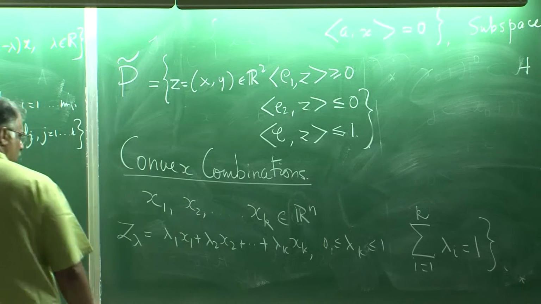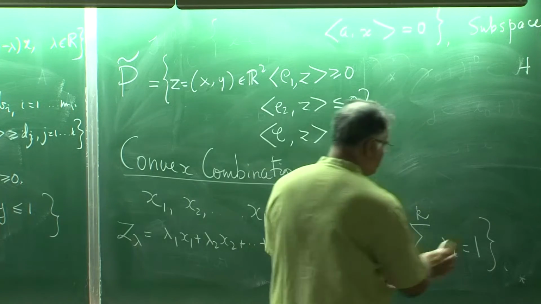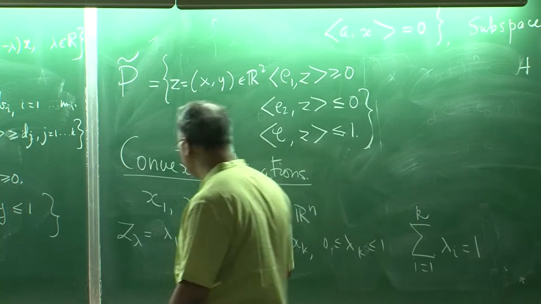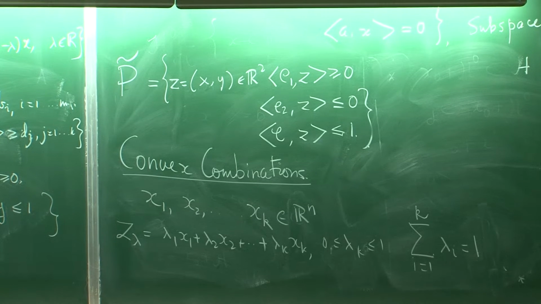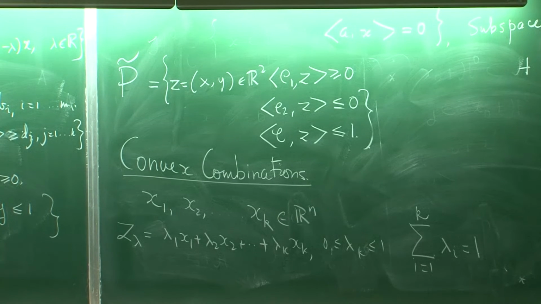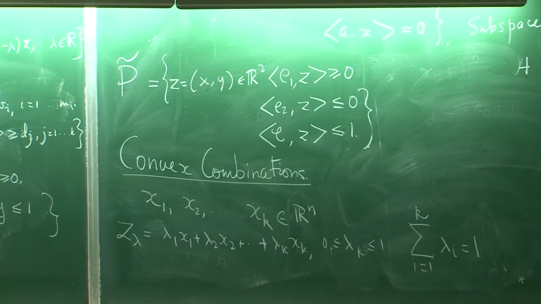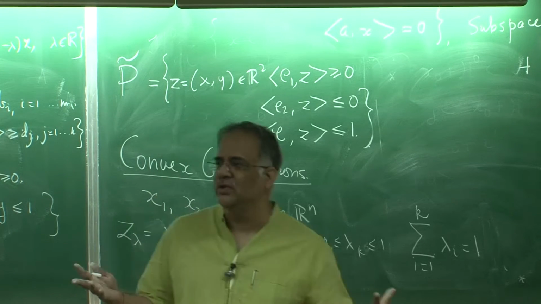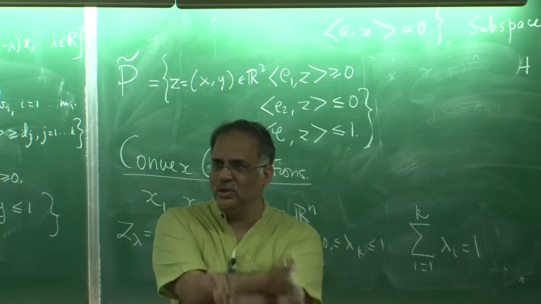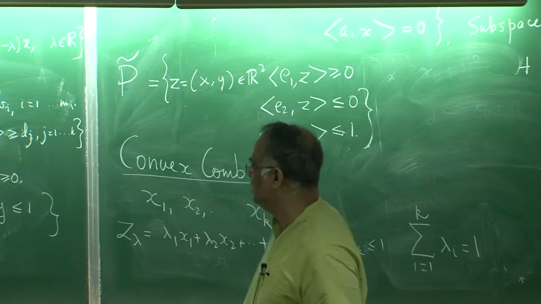This is called a convex combination. So, our exercise that you have to prove in the second half is that every convex set contains its convex combinations. If you take a convex set and take any k points and form this convex combination, it is always going to lie inside that convex set.